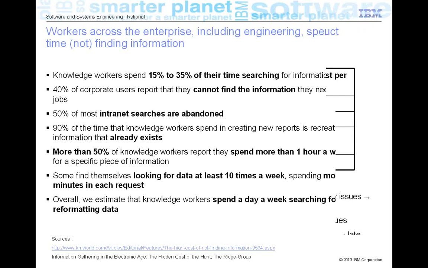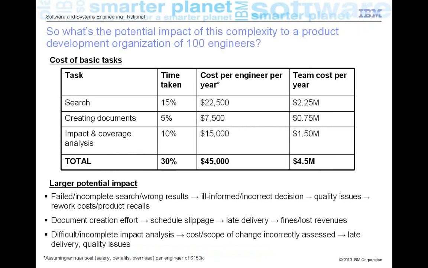Now I actually wanted to move focus on the next slide to what I call the cost pillar. Now, a similar study was actually done again, taking data from the research I just mentioned, and using a hypothetical cost to a product development organization of 100 engineers, assuming that the annual cost per engineer is $150K.